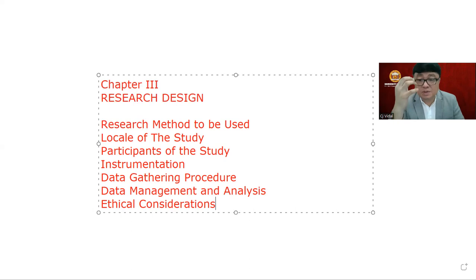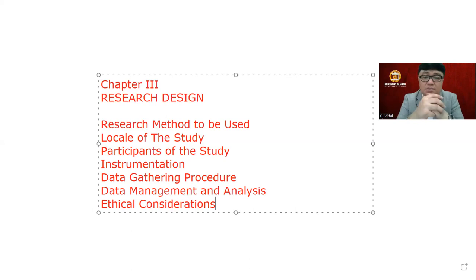So that's according to time element. We can also have it on the basis of the type of data. It can be quantitative or qualitative, or a combination of qualitative and quantitative, where in the combination we can have the following types of mixed methods, such as sequential explanatory, sequential exploratory, and others.